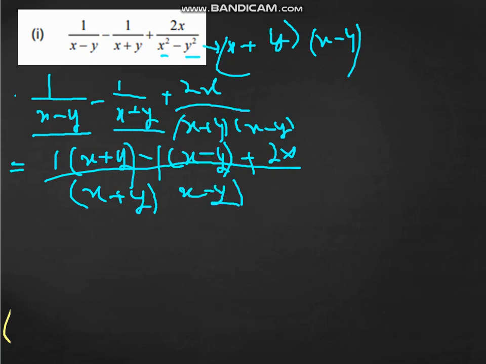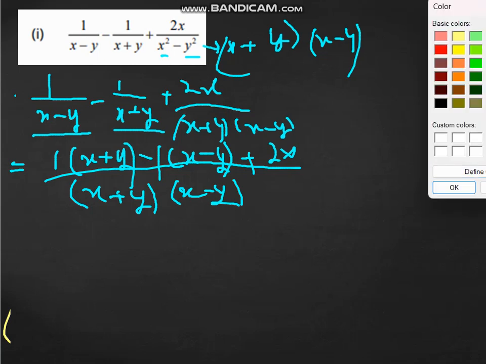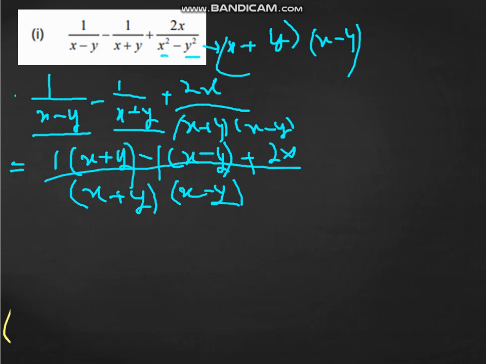And this is becoming a little crowded. I'll just use a different color to let you guys know the difference about what I'm doing. So I'm opening the brackets now.